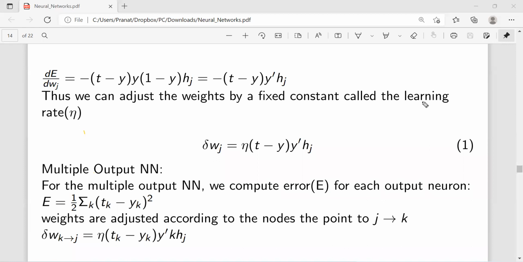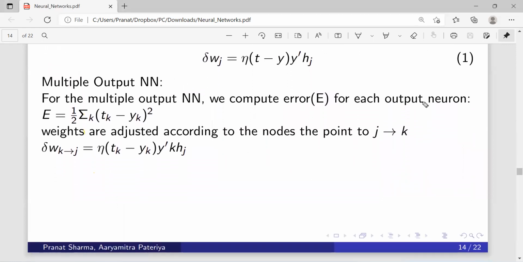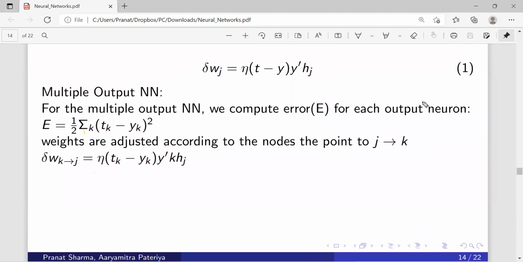And just an FYI on multiple output neurons, we calculate the error term. Let's suppose instead of having only one output neuron, we had a neural network like this with 2. So if you have 2, there must be some expected value for these 2. And suppose we get an error of 0.13 here and 0.10 here. We just square each of these and add them, multiplied by 1 by 2, and we get our error for multiple neurons.